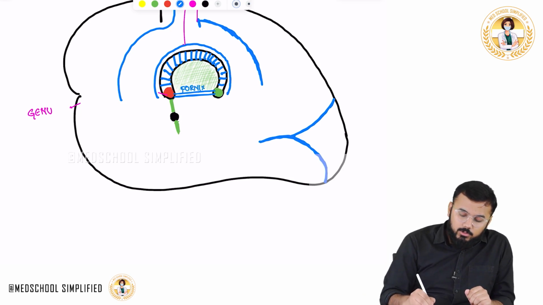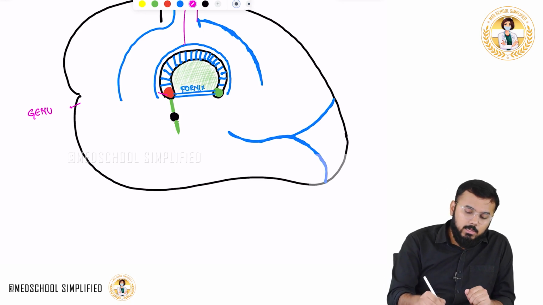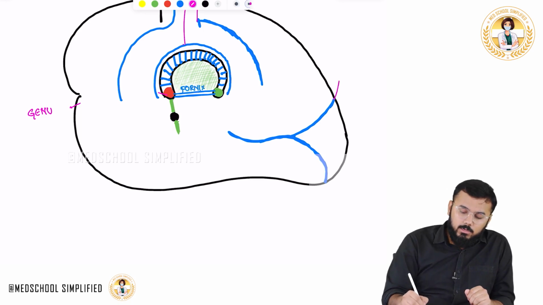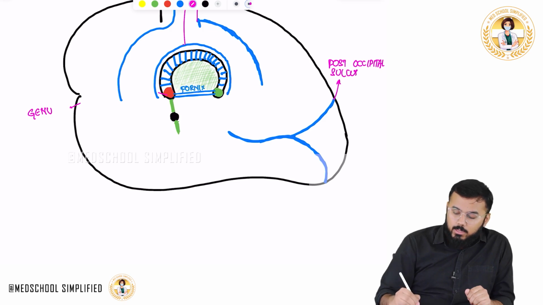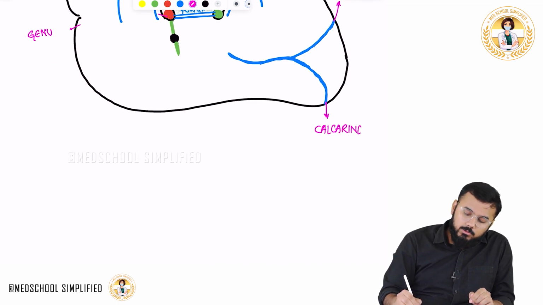So one is your posterior occipital sulcus and the other one is your calcarine sulcus.